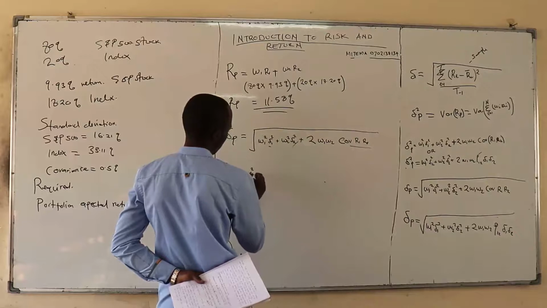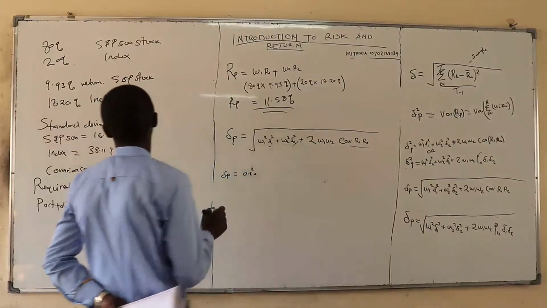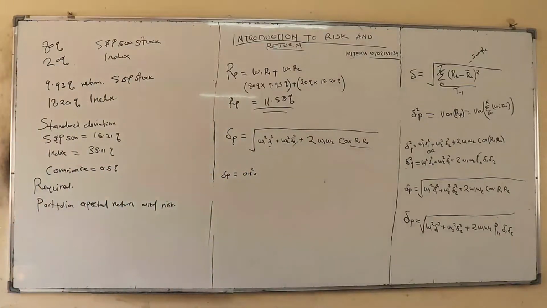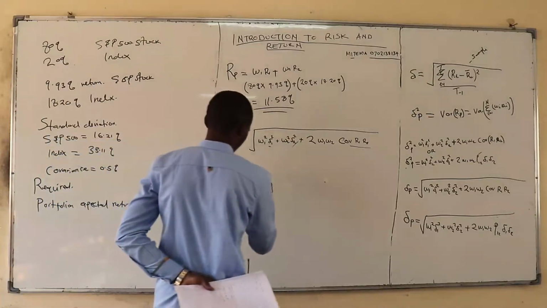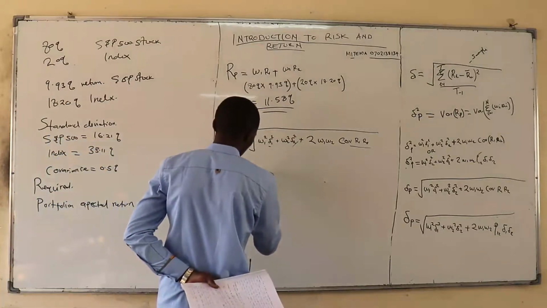You multiply it by the risk associated with the USA stock, which is the S&P 500. The risk is 16.21%, that is 0.1621 squared.